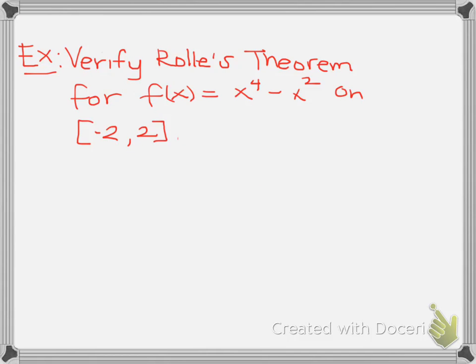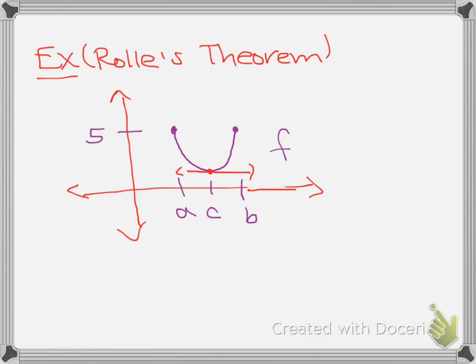Now we're going to do an example, so pay attention carefully. This is the only example I'm doing, but you will have Rolle's theorem on your homework, if you've already looked at it, which you should. We need to verify Rolle's theorem for f(x) equals x to the fourth minus x squared on the closed interval [-2, 2].